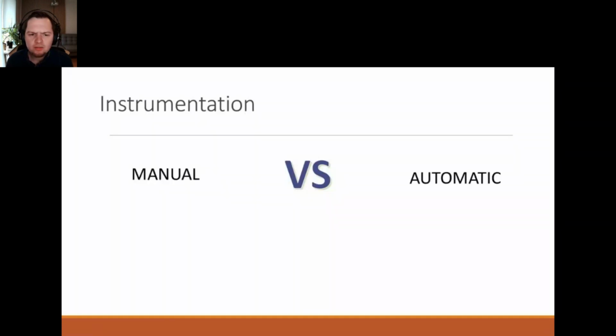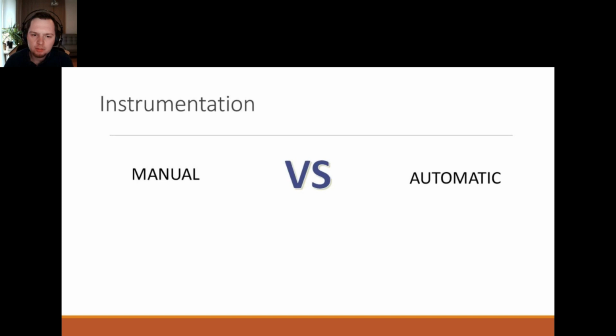I mentioned one thing, that it also allows you to do the instrumentation. So what is instrumentation? It's basically adding observability code to your application. If you remember, I was mentioning that the trace includes spans.